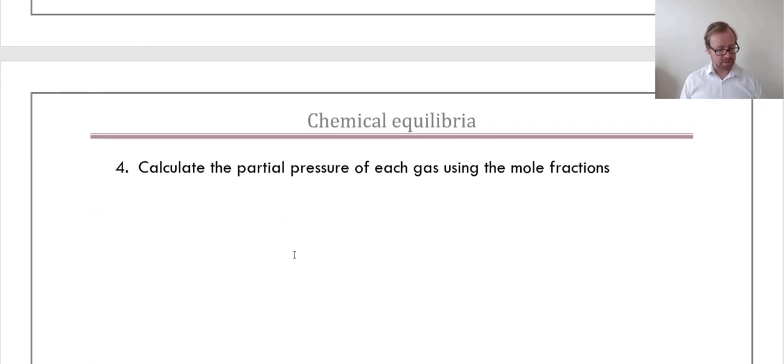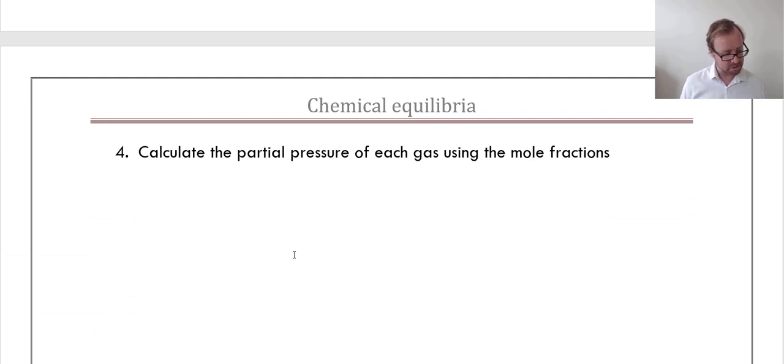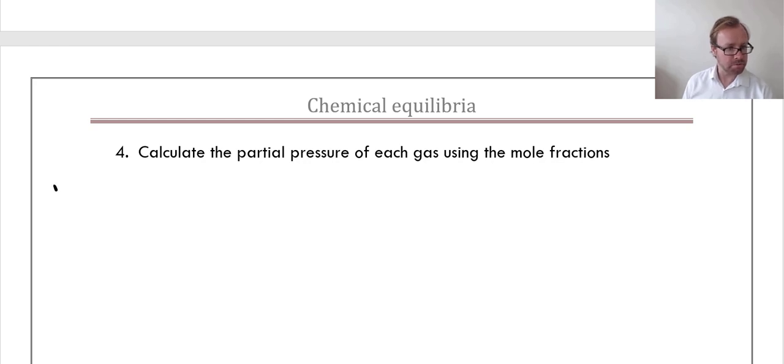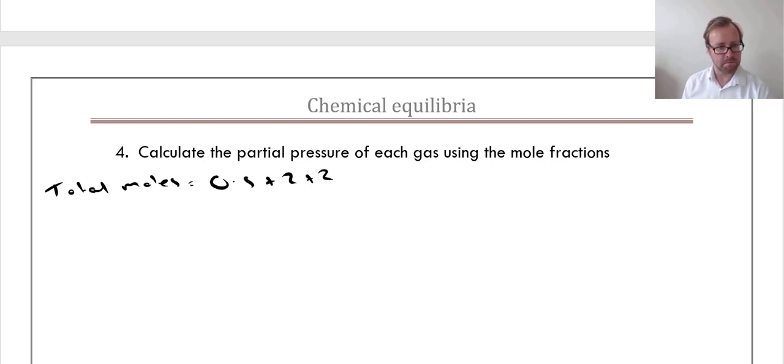So calculate the partial pressure of each gas using the mole fractions. Okay, so first of all, I need to calculate my total moles, which is equal to 0.5 plus 2 plus 2, which equals 4.5, and then I can start calculating my partial pressures.